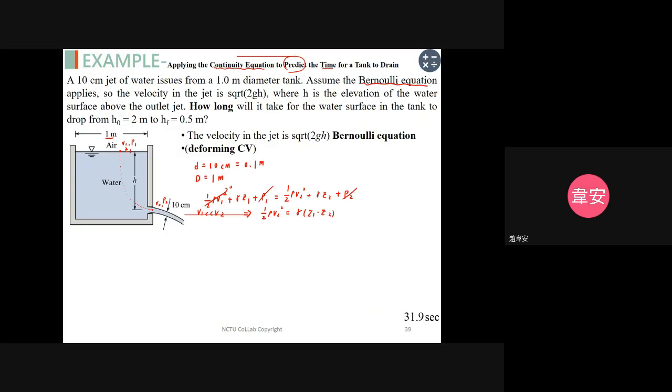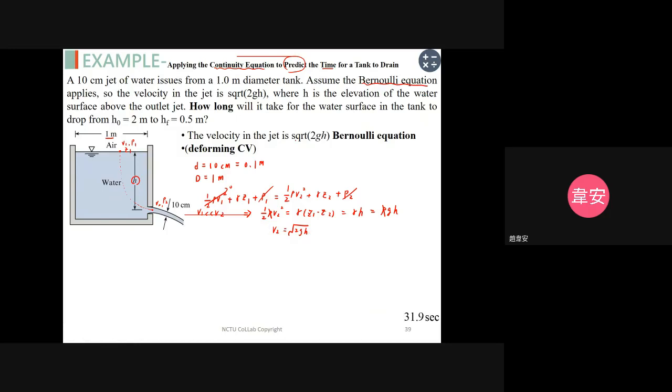In this problem, Z1 minus Z2 is equal to H, the water depth H, and gamma is equal to rho g. So we rewrite gamma H as rho gH, we can cancel out the density, and finally we know that V2 is the root of 2gh.